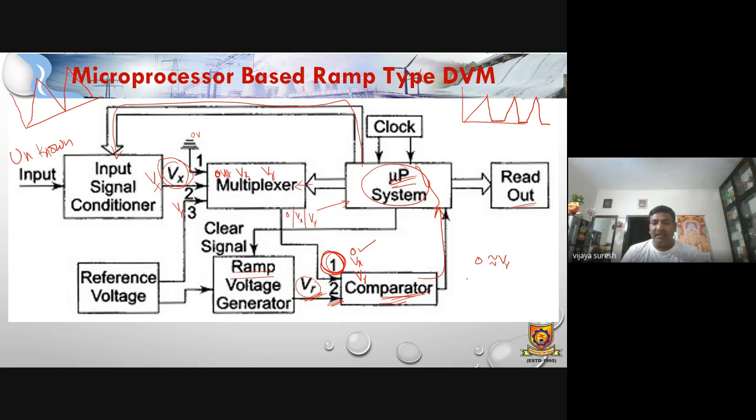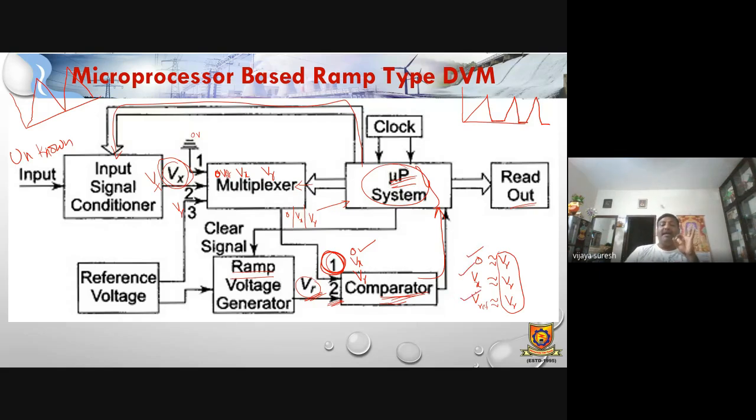The next input is Vx, and Vx is compared with the ramp voltage. Then the reference voltage is compared with the ramp voltage. So the ramp voltage is compared every time with either 0, or the unknown voltage, or the reference voltage.